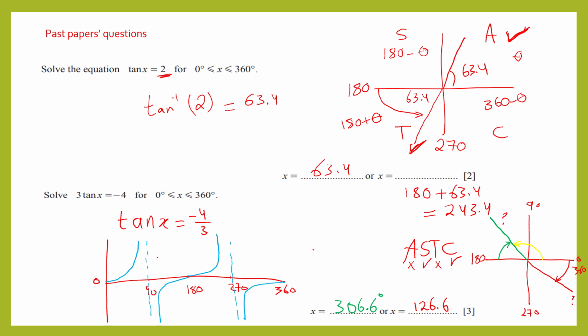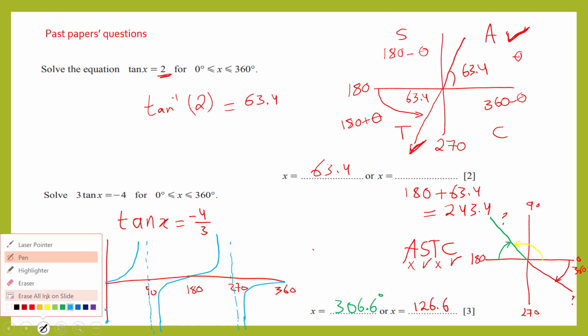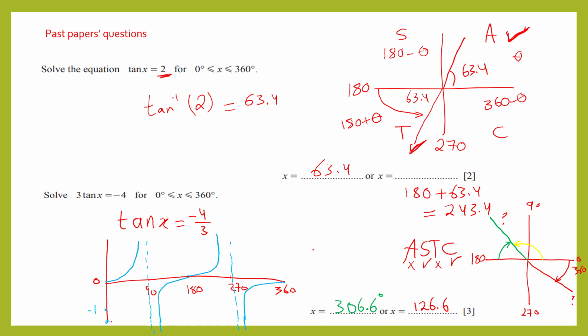Negative 4 over 3 is negative 1.333. There is the negative 1, here is the negative 1.333. So we can draw a line here to find intersection points. And so you can find the intersection points in here. This is the other way, but the algebraic way is better.